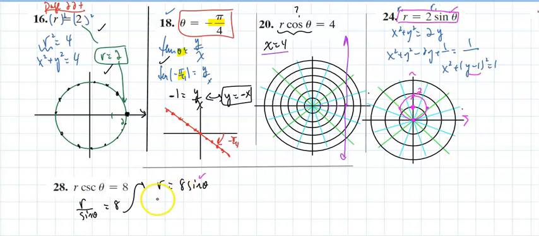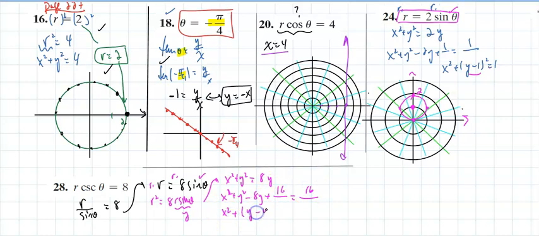If I multiply by r both sides, I'll get r squared equals 8r sine of theta, which means x squared plus y squared equals 8y. That's y. And that is x squared plus y squared minus 8y plus half of the number squared, and that is x squared plus (y minus 4) squared equals 16.